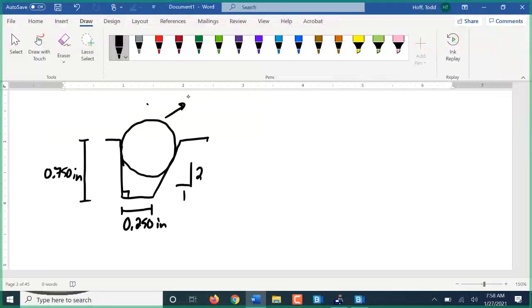Our ball diameter is 0.750 inches. Here's what I want to know: how far does that ball stick up out of the top of that groove? That rod, I should say.